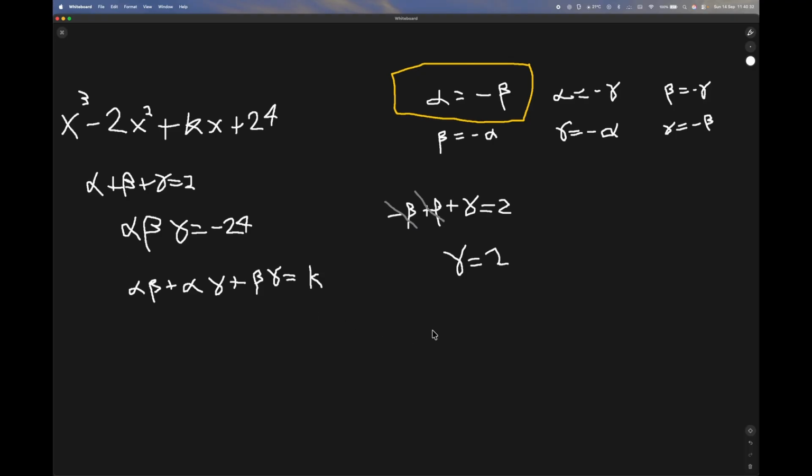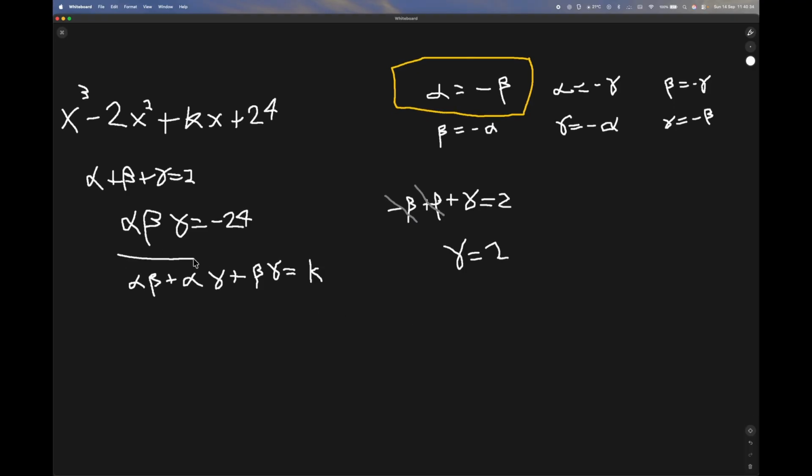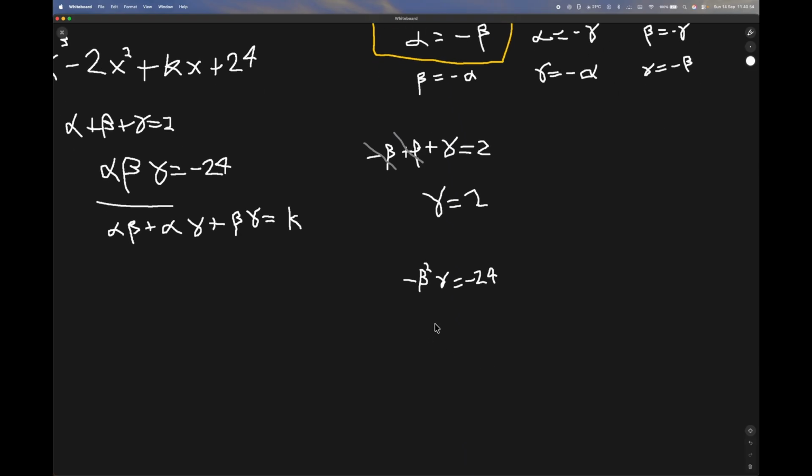So now let's do the same thing with this one here. Wherever we see an alpha, we're going to put a negative beta. So negative beta times beta, negative beta squared, times gamma is equal to negative 24. Now we know that gamma is equal to 2, so negative beta squared times 2 is equal to negative 24.